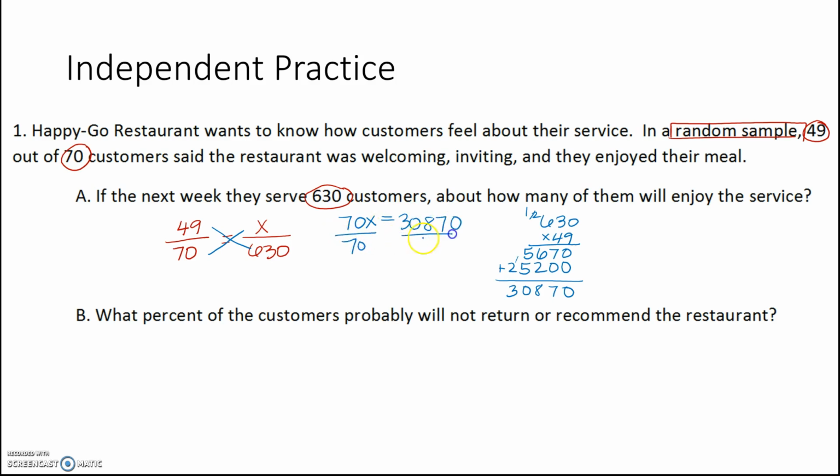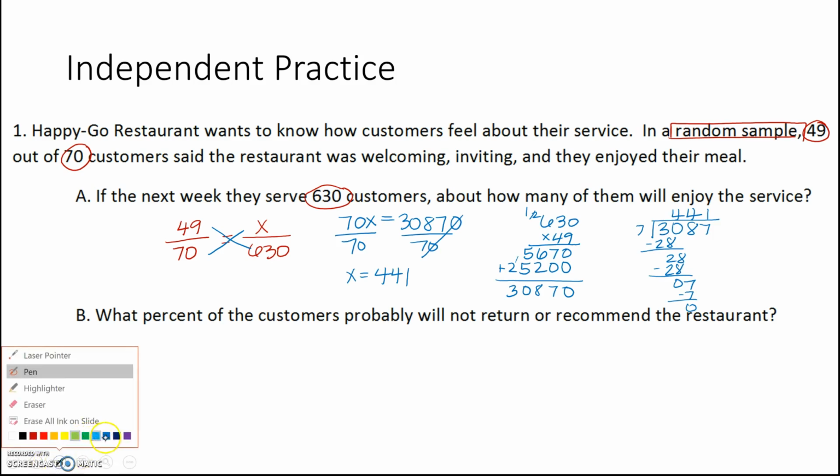Divided by 70. Press pause and divide. That means all of you. Pause, divide, and finish it. We find out that 441 people like it.